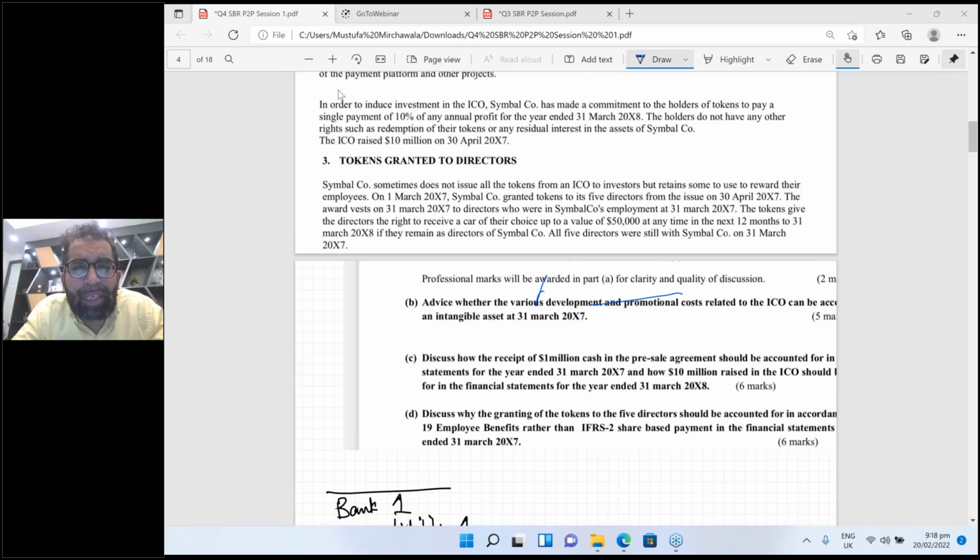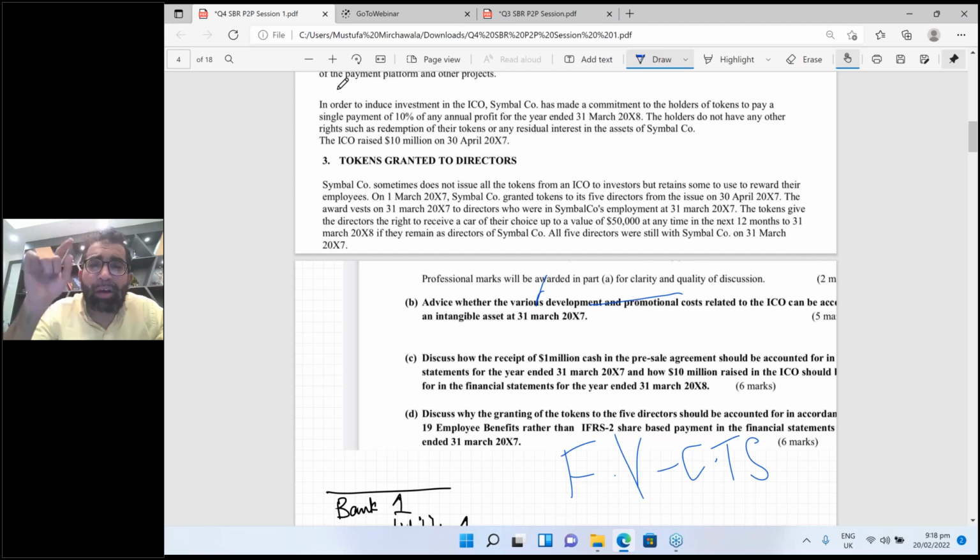They use IAS 2 and record their inventory at fair value less cost to sell, so that means there will be price fluctuation which will hit the P&L. So now you have to connect it with P&L.